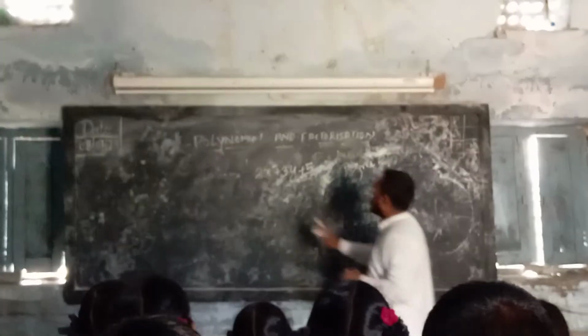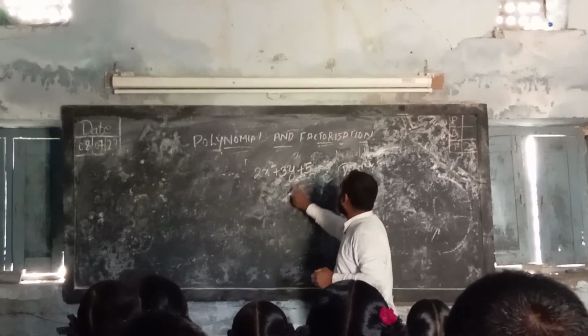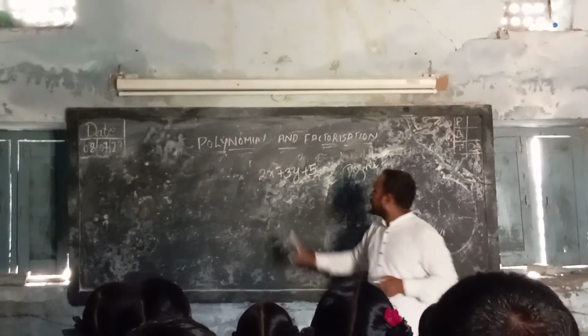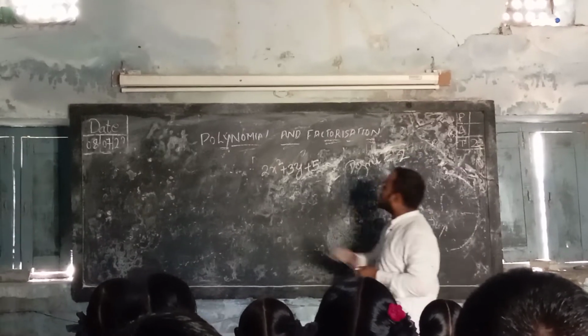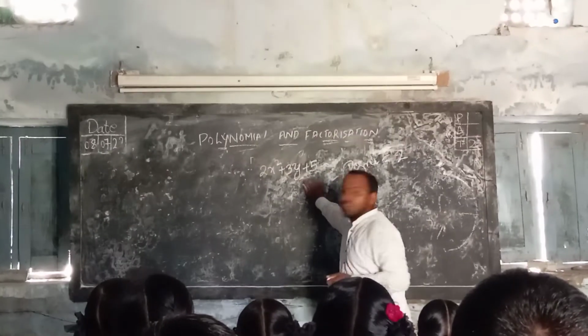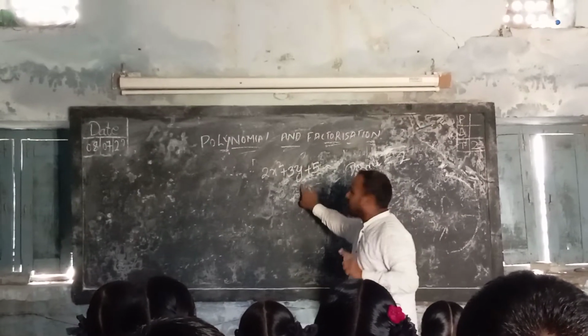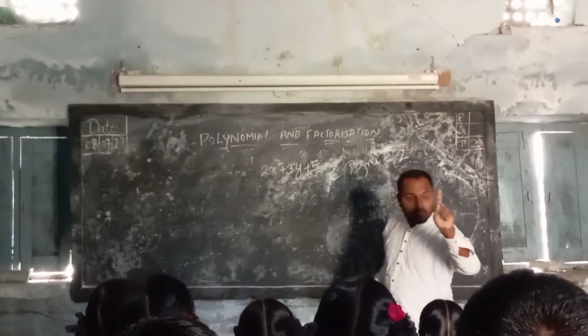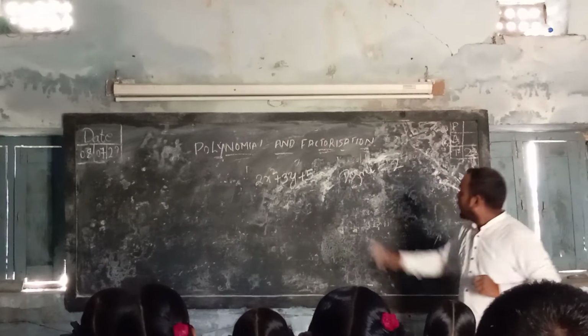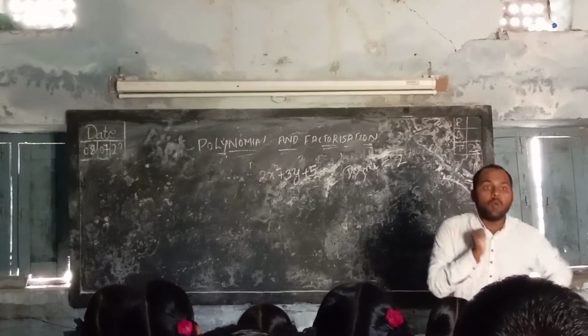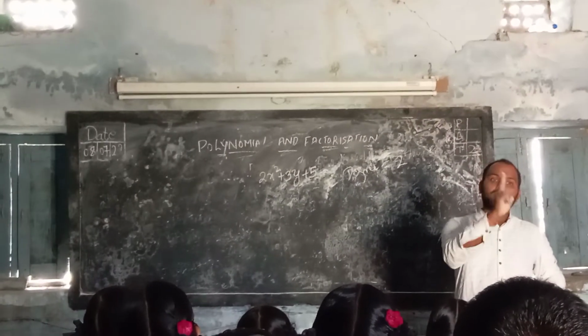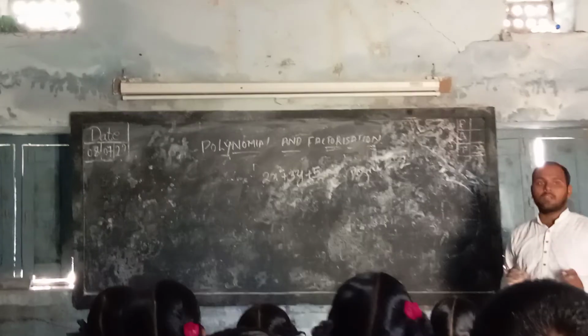That's why 2x square plus 3y plus 5 is there. So what is the degree of this polynomial? 2. Because x square is there, and y has power 1, for x it is 2. So which is more? 2. That is the highest power, you should take it.